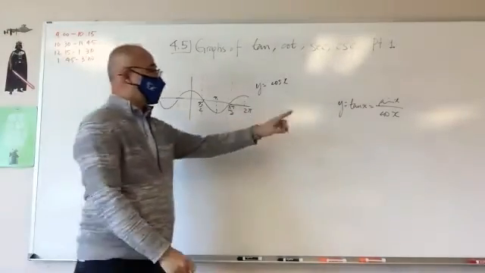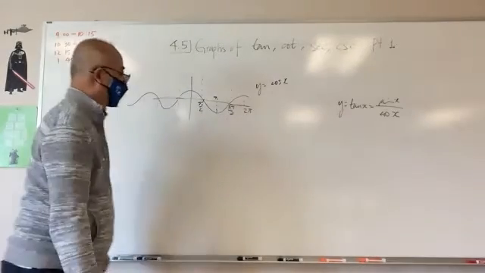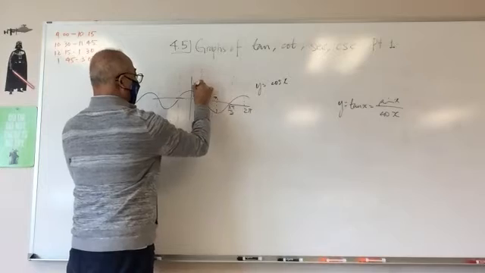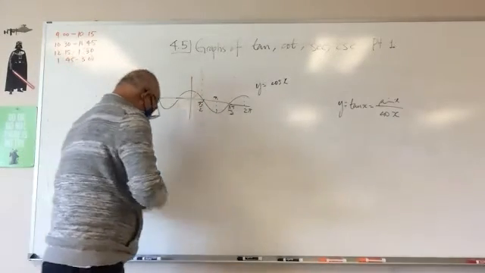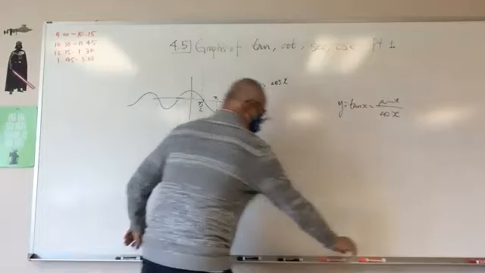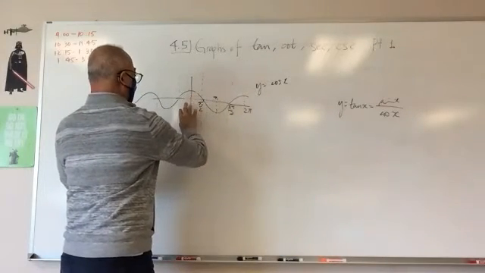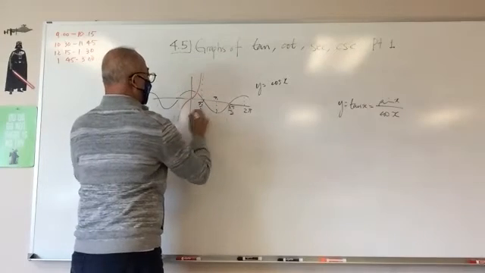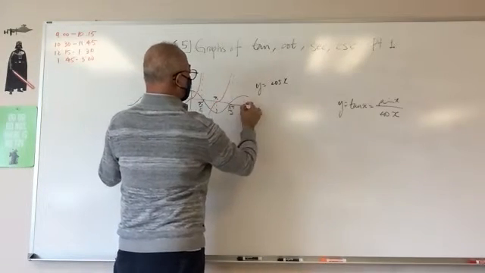When I'm drawing the tangent graph, the graph turns out it's going to look like this. Here's this guy. The graph looks like this, and it replicates itself.